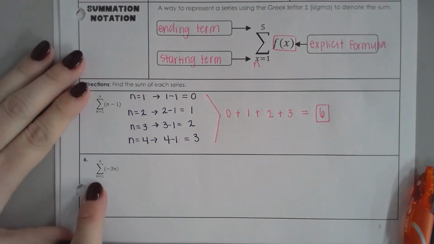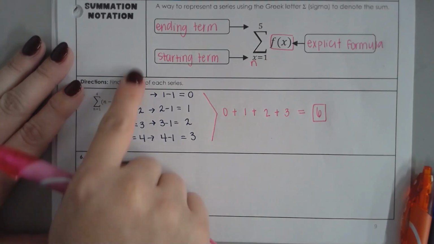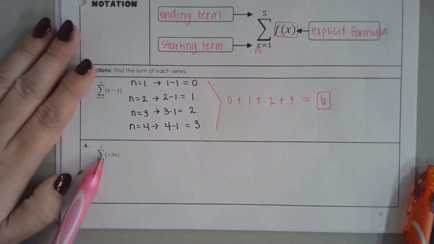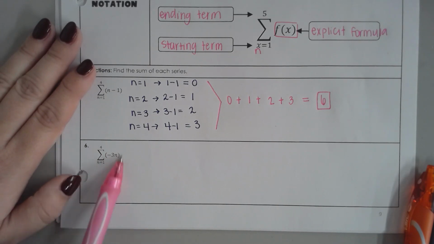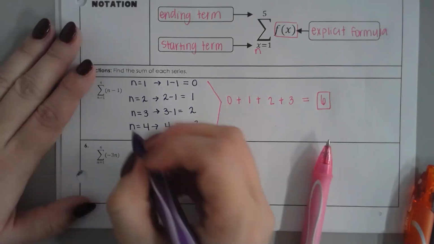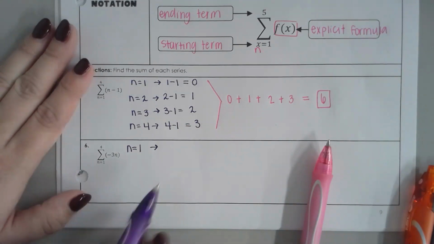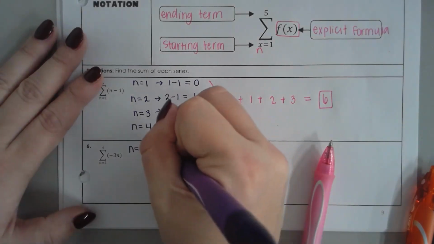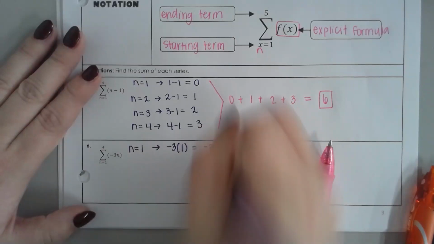So number 6, again, I picked 1 through 4 just because 4 is not that many. So we're adding the first 4 terms. We're starting at term number 1, going up through term number 4, and then here's the formula. So my first term, n equals 1, means first term. N is your term number. So term number 1, I can do negative 3 times 1, which is negative 3.